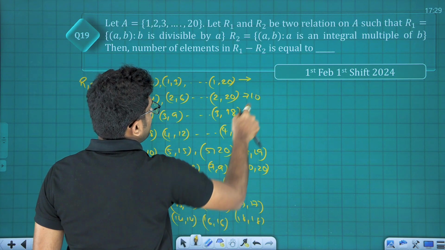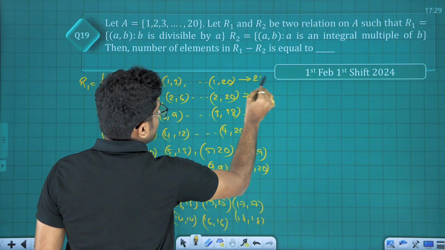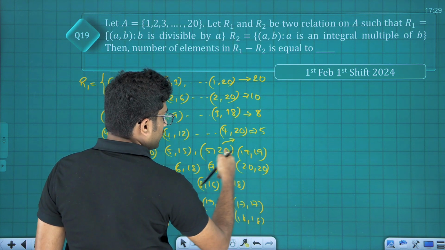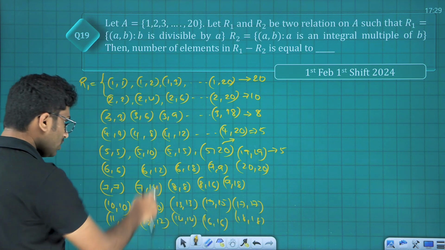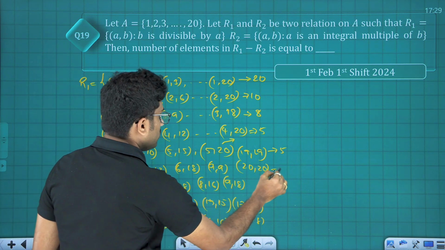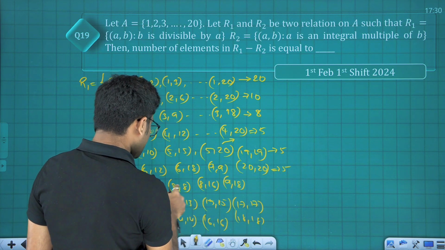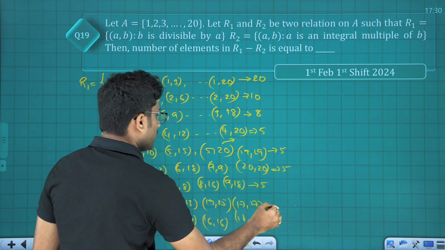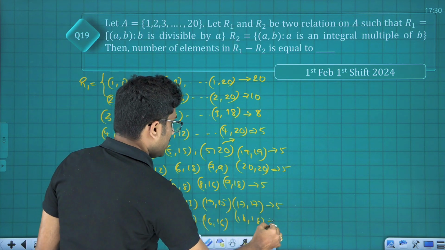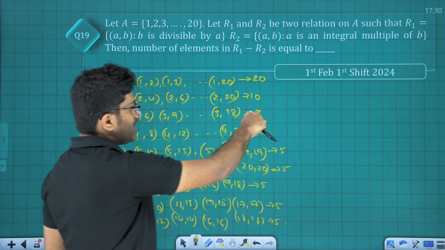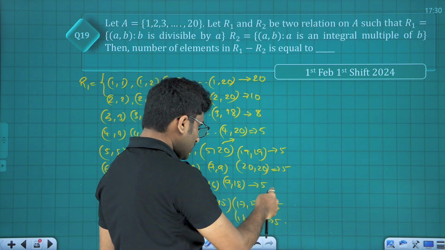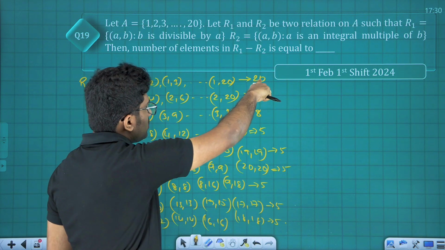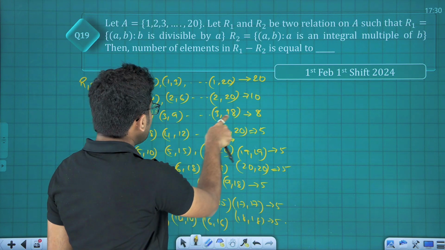This is 20, this is 10, this is how many? 3 1s are 3, 3 6s are 18.